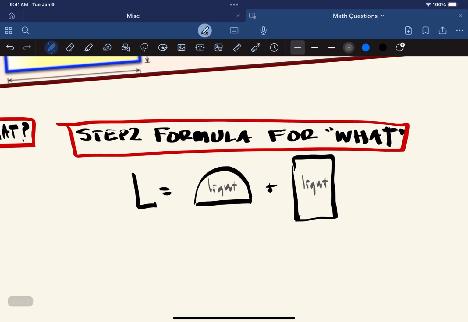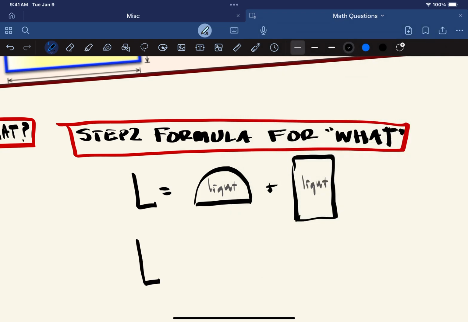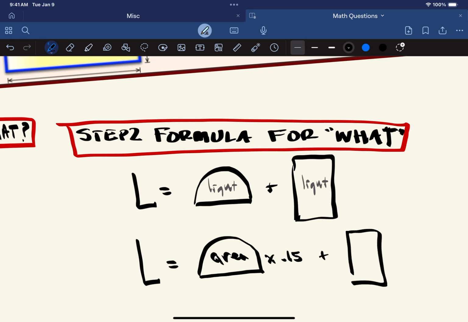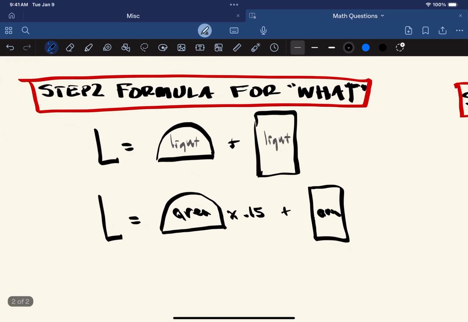Well, that still doesn't look like a formula, but I can keep making small changes here. The amount of light that's coming in there would be almost the same as the amount of area, except it's not. It's the area times 15%. Plus the amount of area here, that would be more representative of the amount of light.